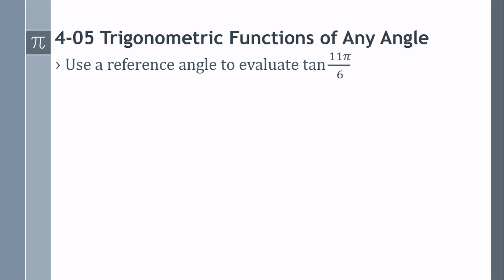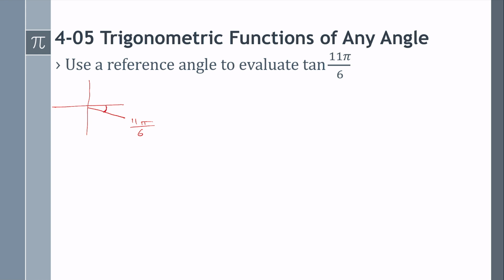All right, let's try using a reference angle for tangent of 11 pi over 6. Now I realize these are all on the unit circle. We could just use that, but we're practicing with the easy ones so you can do it when you get harder ones. 11 pi over 6 is here.